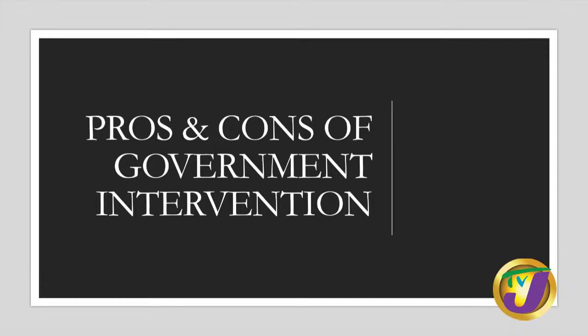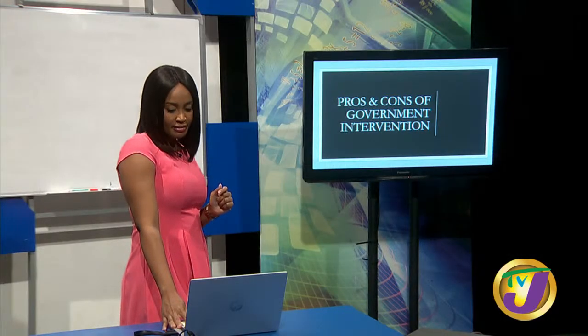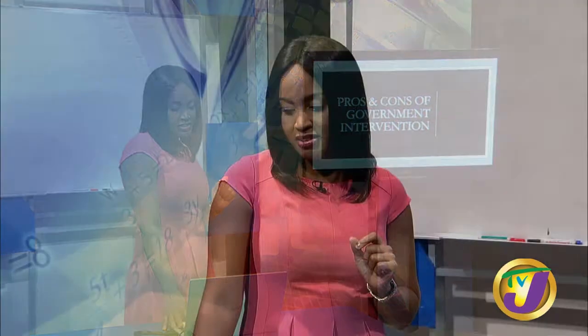Now, we looked at some of the pros and cons of government intervention, and we're going to look briefly at some private sector intervention strategies. But before we move on, I just wanted to think about the causes of market failure and the different intervention strategies that I mentioned.